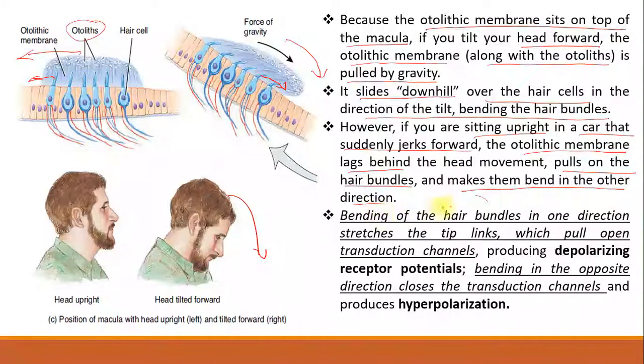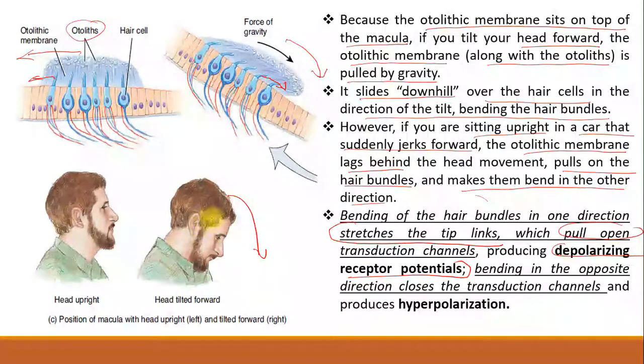Bending of the hair bundles in one direction stretches the tip links, which are present on the surface of the stereocilia. They stretch the tip links which pull open transduction channels, thus producing depolarizing receptor potentials.